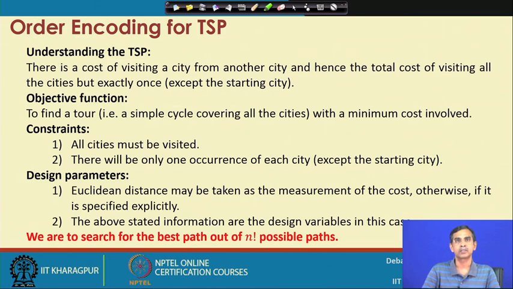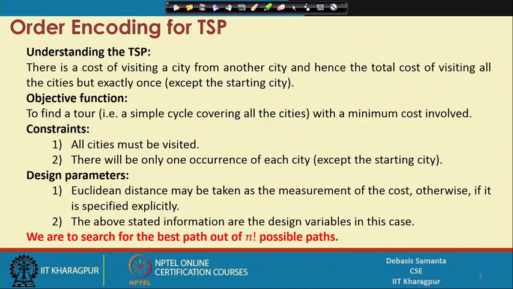So far as the optimization problem is concerned, the input is the different cities and the cost of traveling from one city to another. It is also to be mentioned which is the starting city.